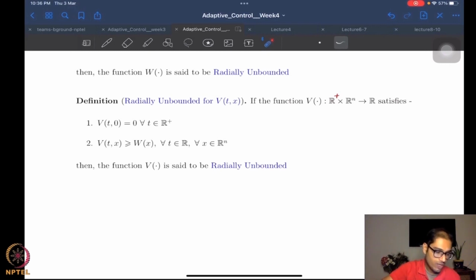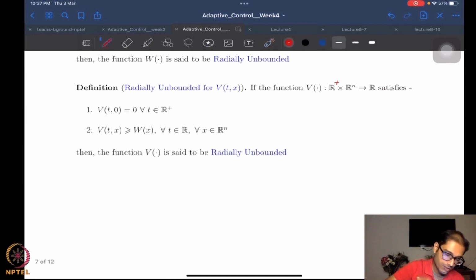So V of t, 0 equal to 0 is obviously a standard requirement, but the next requirement, simply using our previous radial unboundedness definition, is that V of t, x has to dominate W of x, which is a radially unbounded function of the state only.